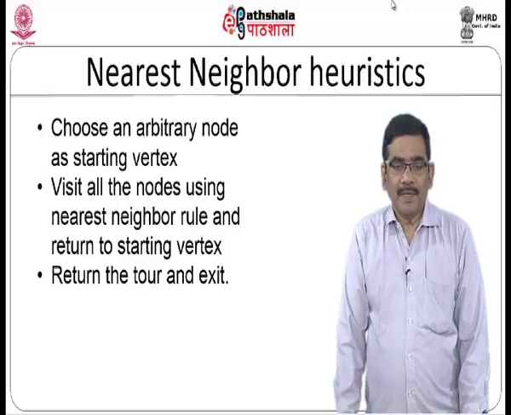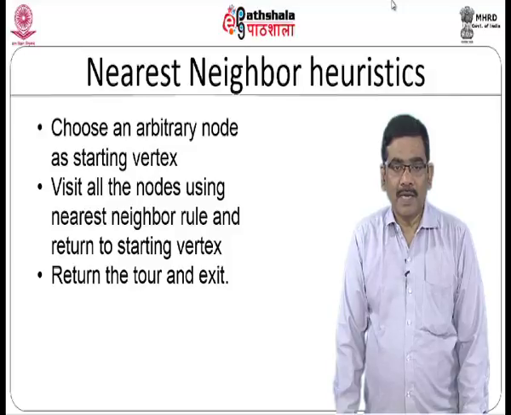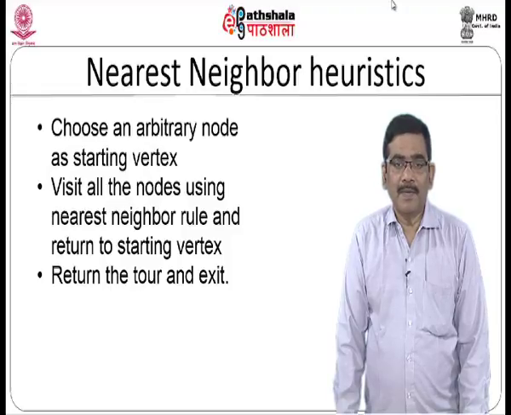Probably you can say that these problems can be solved using a greedy approach, dynamic programming, or backtracking. We have seen all those solutions in the previous module. But what needs to be noted is that this problem is NP complete. What does it mean?